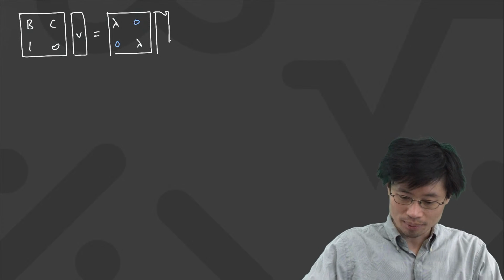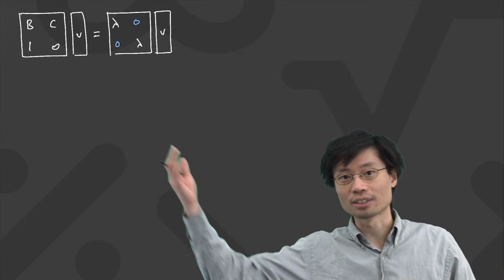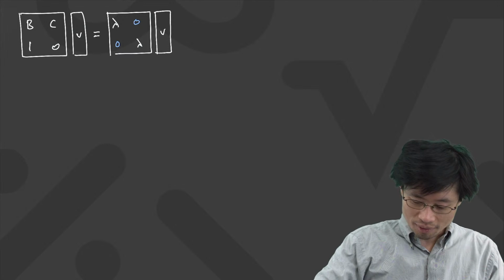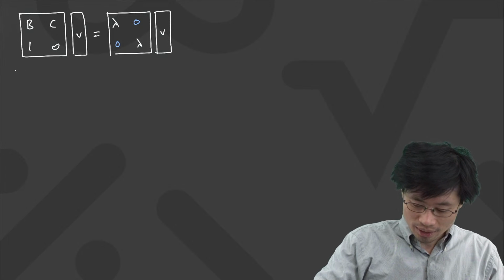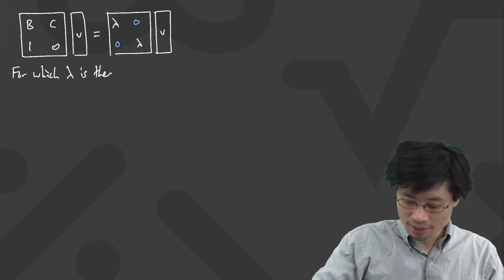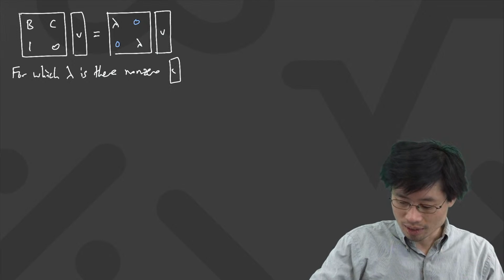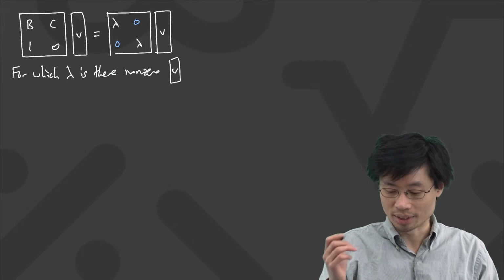And now since you have v on both sides, you can subtract that one over. And so I finally get that I want to know for which lambda is there a non-zero v. Non-zero, I want to emphasize, means not both 0.